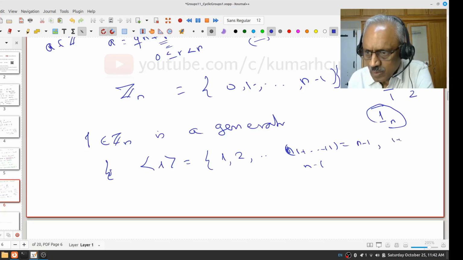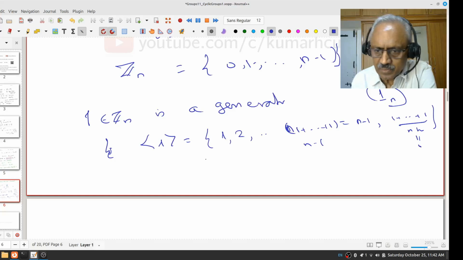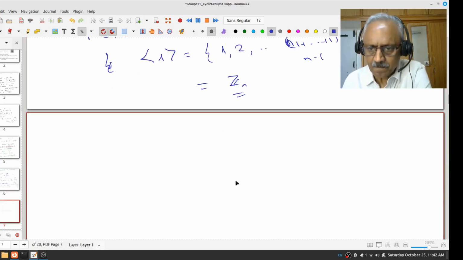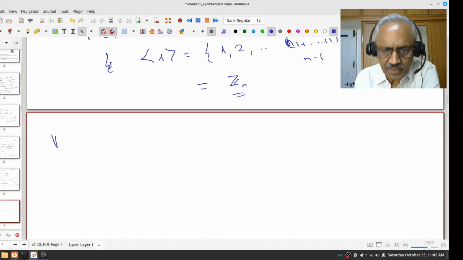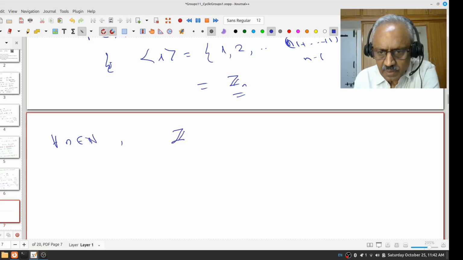After that, 1 plus 1 n times is 0. Therefore, I get all of Zn. Therefore, for each n in N, this additive group is cyclic.